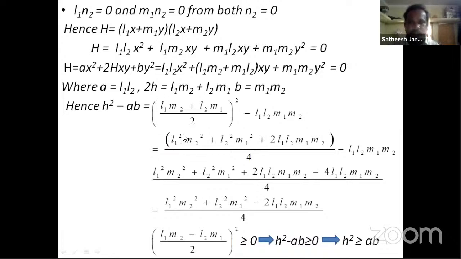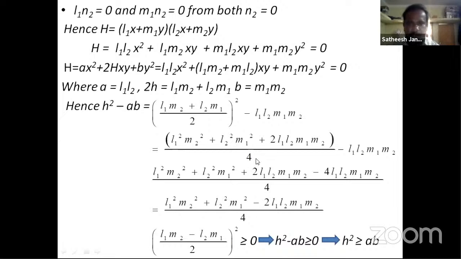This is a plus b whole square. Expand the a plus b whole square: a square is L1 square M2 square, plus b square means L2 square M1 square, plus 2ab, 2 into L1 L2 M1 M2, by 4. It's minus L1 L2 M1 M2, where the LCM is 4.